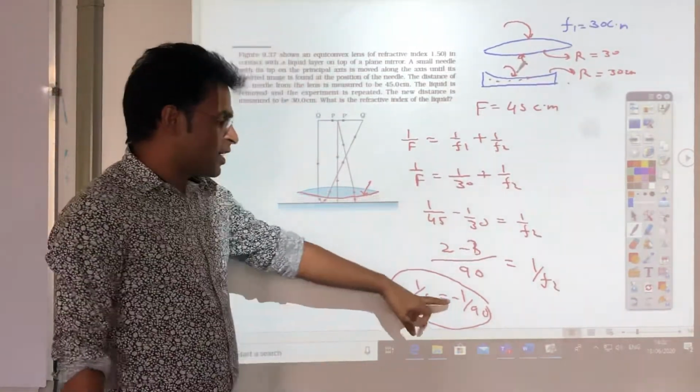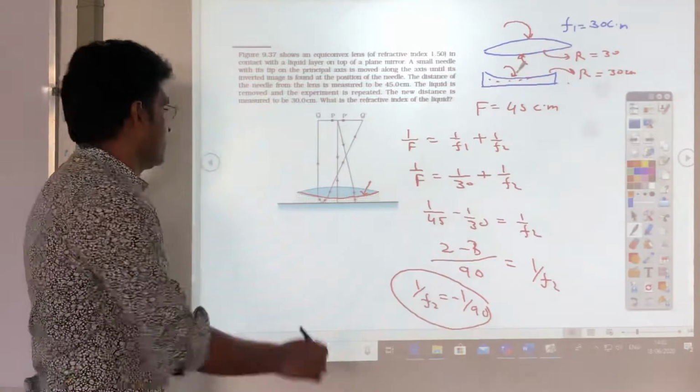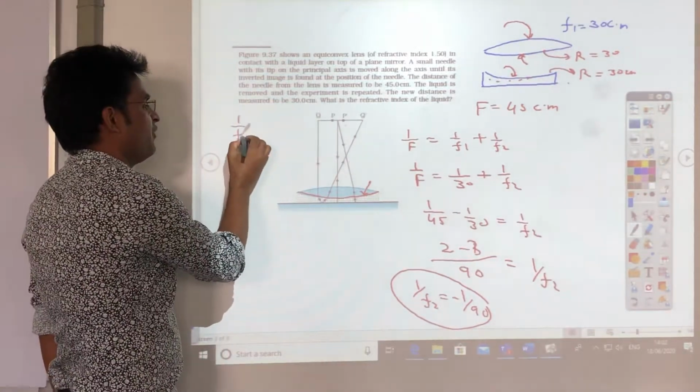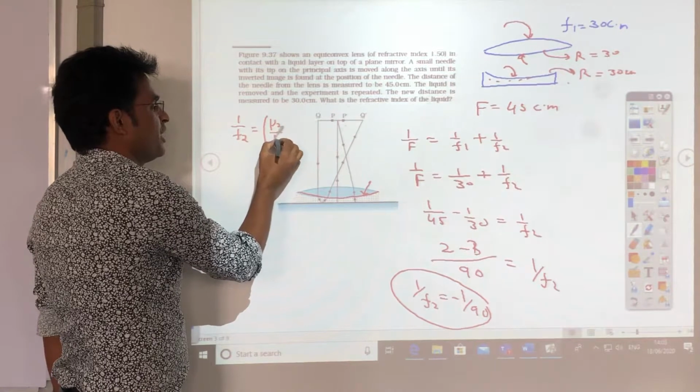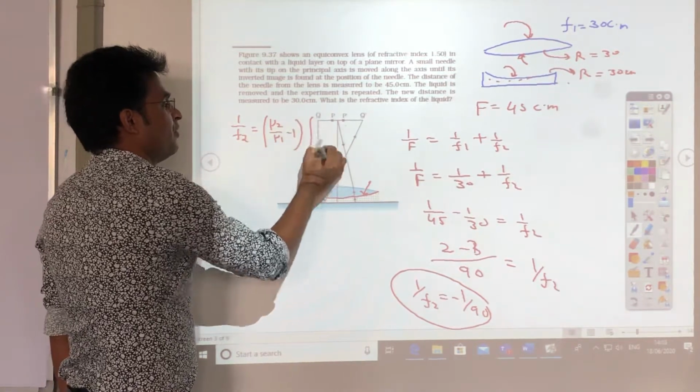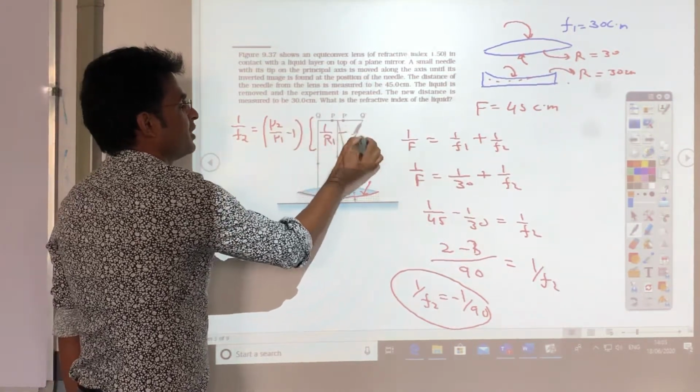So basically I got 1 by f2 is equal to minus 1 by 90. If I write this formula, 1 by f2 is equal to mu2 by mu1 minus 1, times 1 by r1 minus 1 by r2.